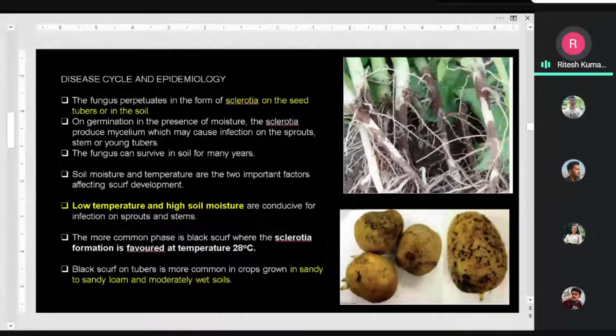The favorable temperature is slightly warm, 28 to 30 degrees Celsius. Rhizoctonia is also favored by application of ammoniacal fertilizers, which increase its severity.